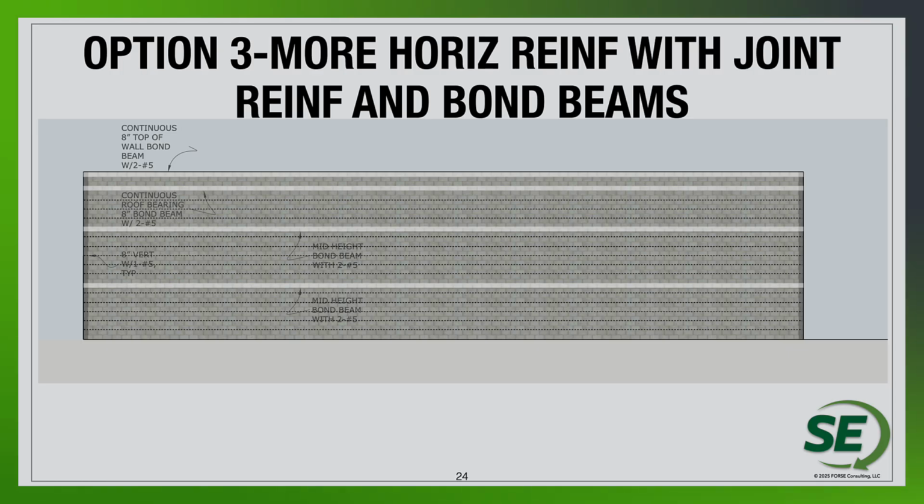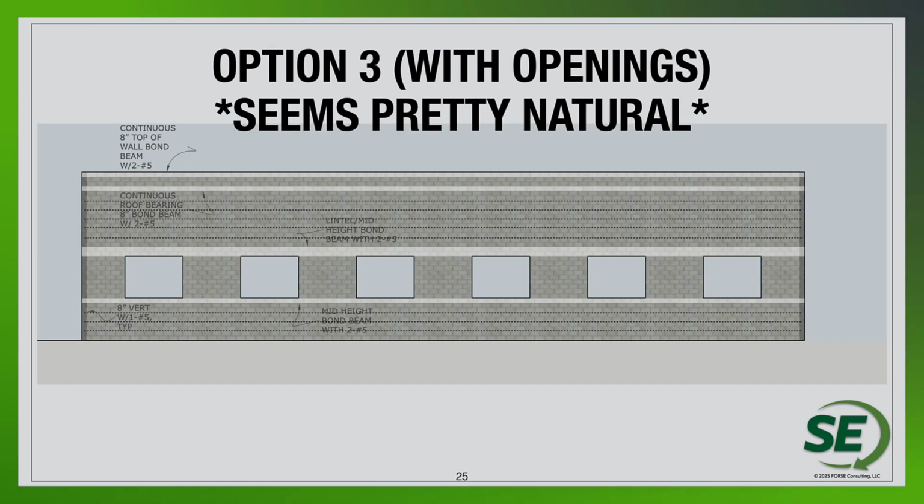So again, why we're talking about this in the lintel sessions, because we have openings with lintels over them. We already have the opportunity of taking the horizontal reinforcement from those lintels, making that continuous, maybe taking the sill reinforcement, making that continuous, and then using the standard joint reinforcement, really not adding a lot of reinforcement to this overall design to be able to have more freedom about where we want to put the movement joints.